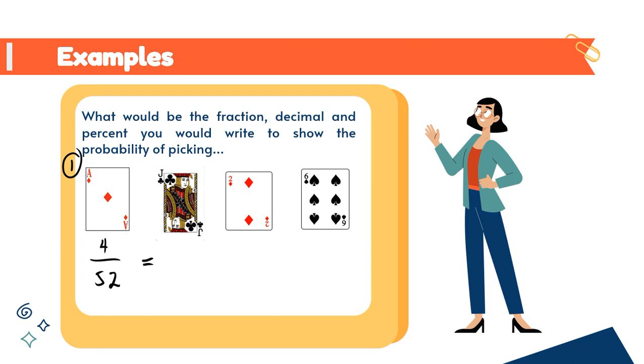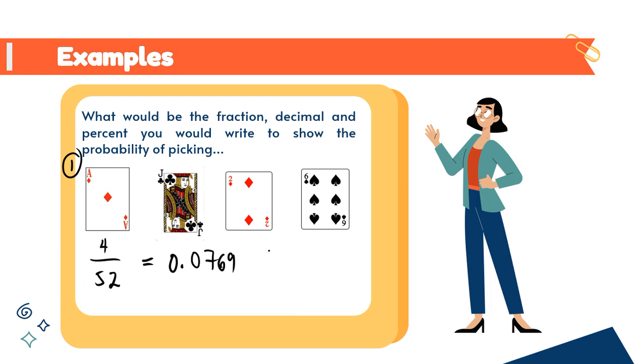Now, for decimal, to get the decimal, all you have to do is divide. 4 divided by 52. And then, take the first 4 digits after the decimal point. So, we have 0.0769. Take 4 because for percent, we use 2 decimal places.